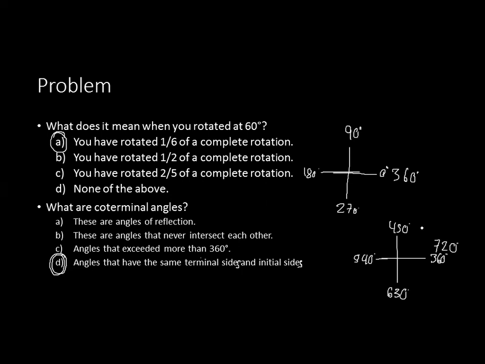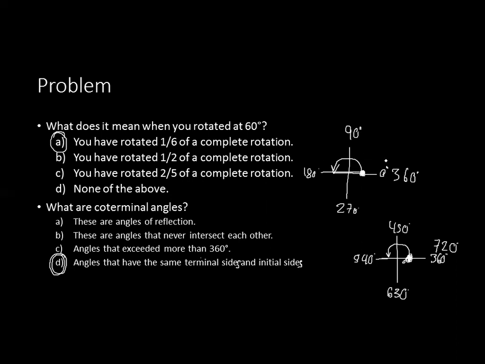If you start here, this is your initial side. Then let's say you rotate it until here, so you form an angle of 180 degrees. In this rotation, you started on this side, then rotated until here, so that means you rotated 540 degrees.